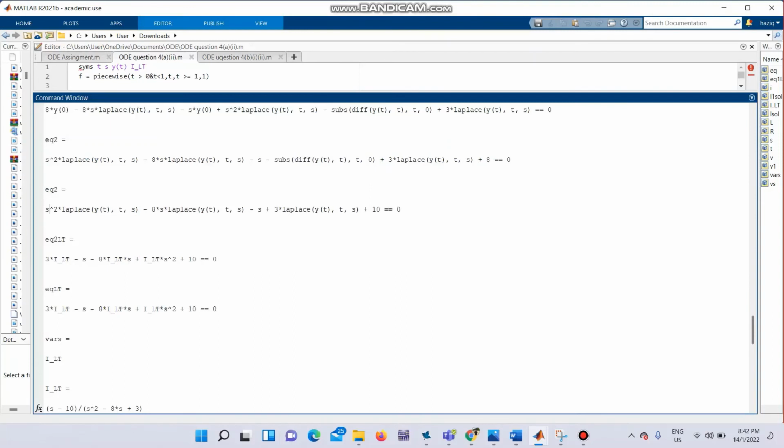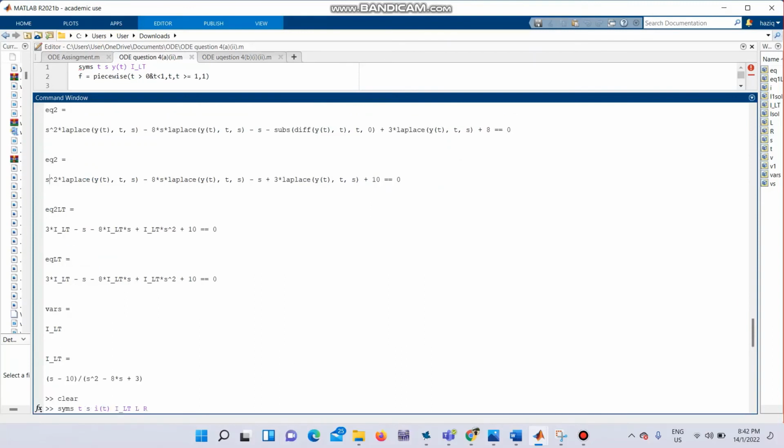Also, this is the output for equation 2 lt, which is 3 multiplied by I_lt minus s minus 8 multiplied by I_lt multiplied by s plus I_lt multiplied by s squared plus 10 equal to 0.